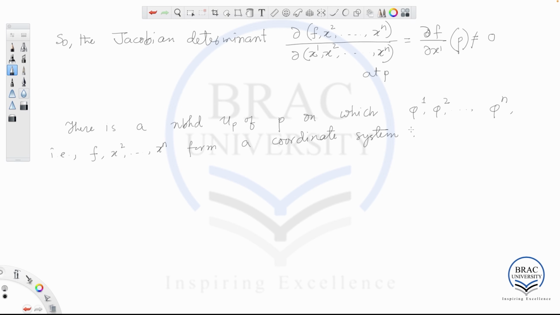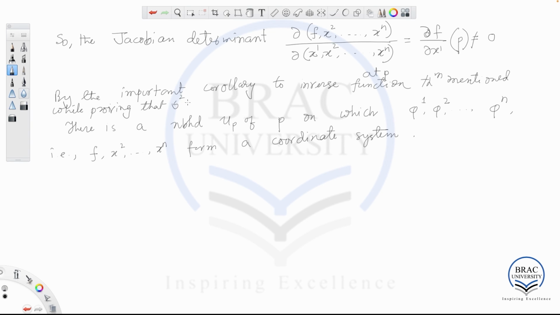Okay, so let me write it for you, and this we can see by the important corollary to the inverse function theorem mentioned while proving that S2 is a regular submanifold of the three-dimensional Euclidean space.